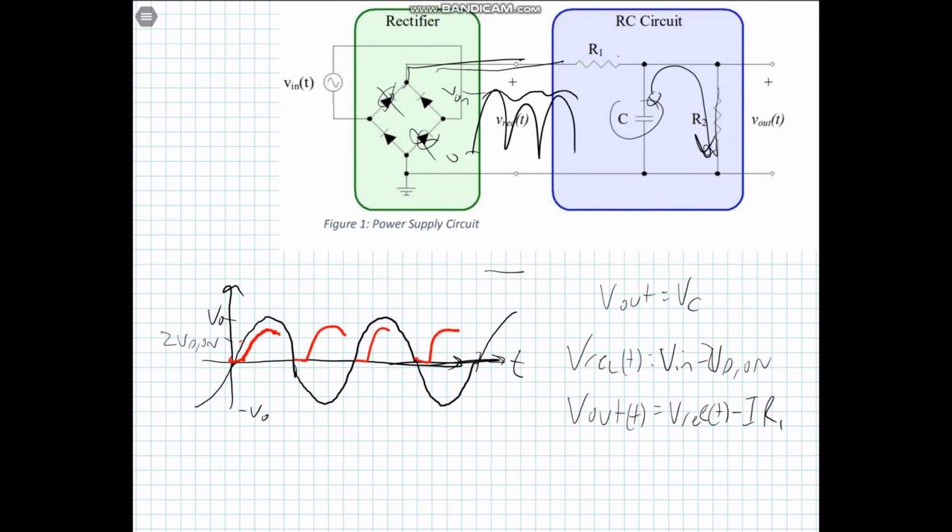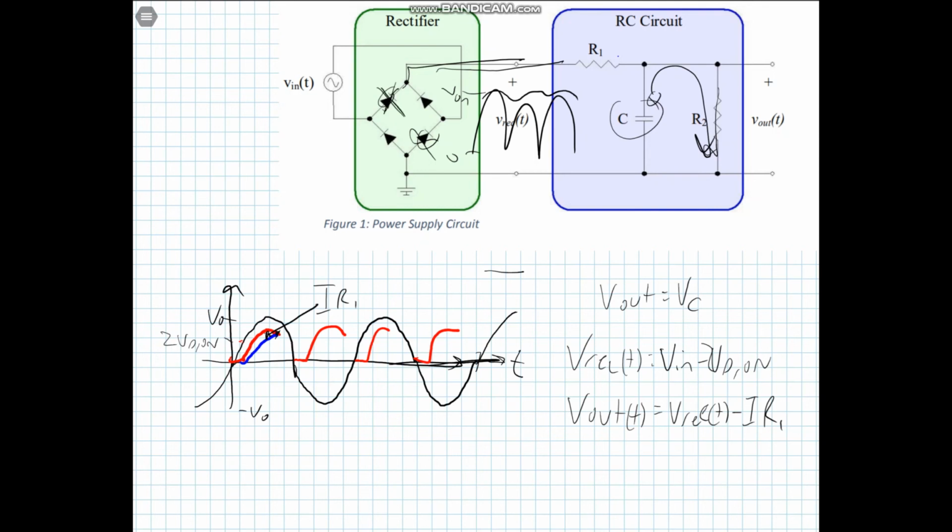And then we'll talk about V out. So V out, we're going to have like a charging capacitor here. And then whenever V out equals that little gap right here, that's value IR1, whatever the current value is. Whenever they meet, then the diodes are turning off at that point right here.